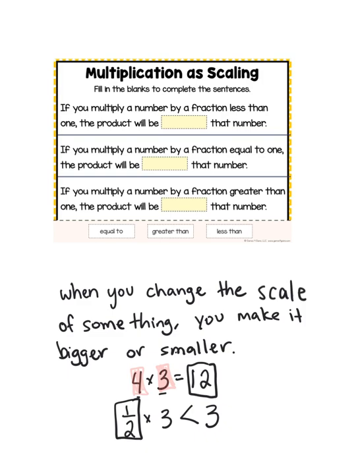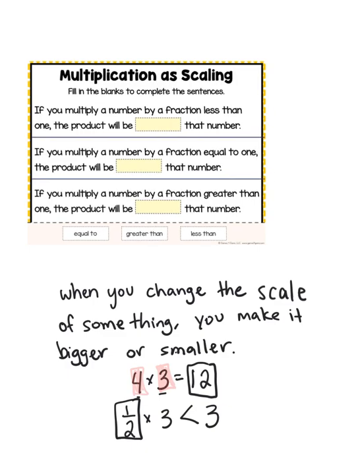So let's look at how you should use that information to fill in the blank up here. If you multiply a number by a fraction less than 1, the product will be blank than that number. Okay, let's think about this for a second.